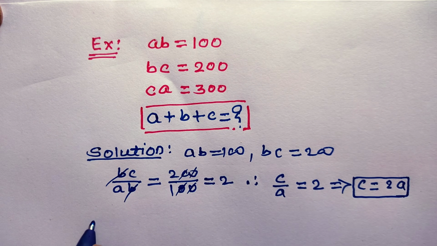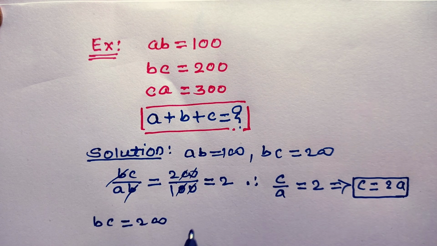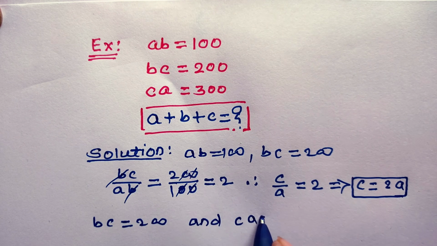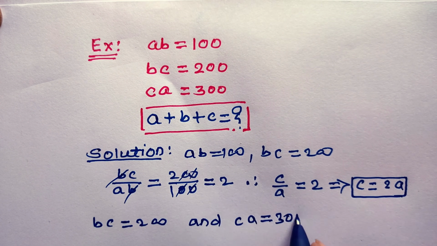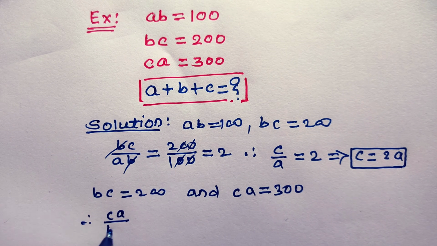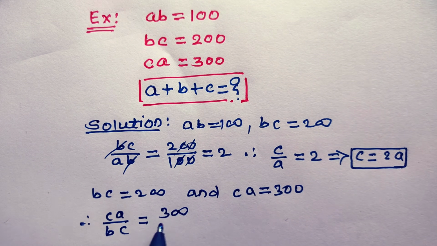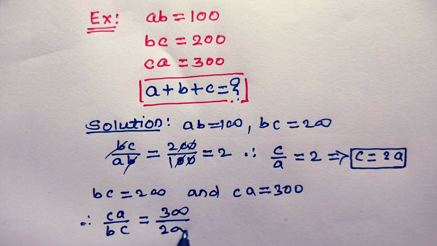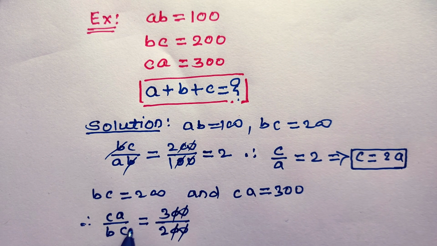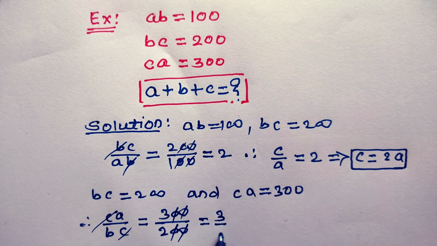Using BC is equal to 200 and CA is equal to 300, CA upon BC is equal to 300 upon 200. 0 cancels with this 0, this 0 cancels with this 0, and here C gets cancelled, and this is equal to 3 upon 2.